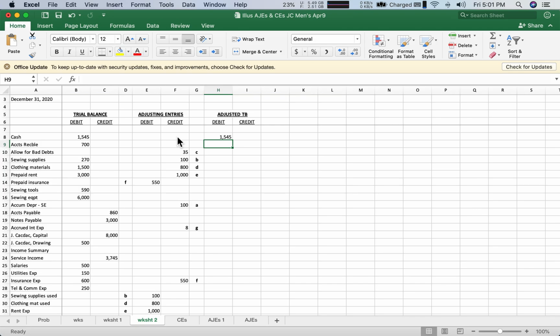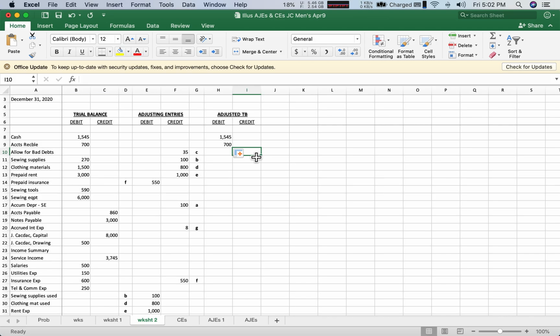Okay, it's the same for the next one. It's an asset balance, it's a debit balance. Because this one is a credit balance, we can still follow this formula. If it is a credit balance, we start here.